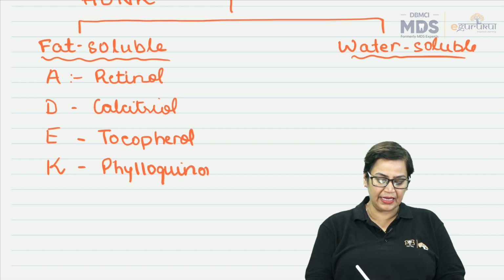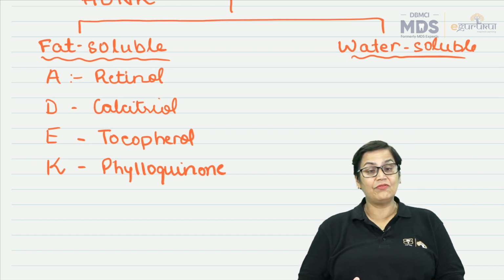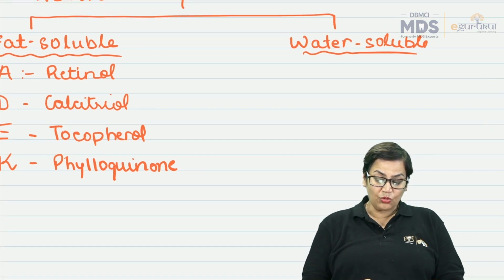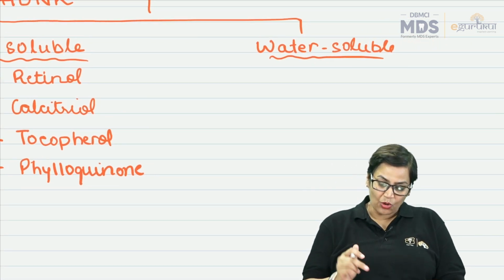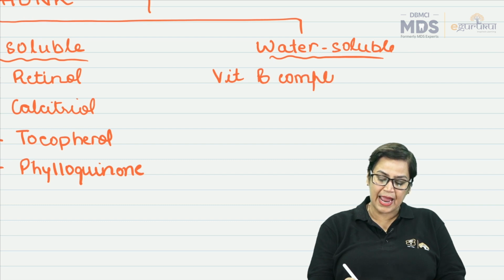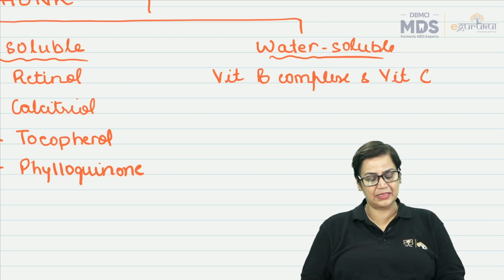We will be discussing in detail that vitamin K has further three forms, and one is a water soluble form also. Coming over to water soluble vitamins, always remember water soluble means vitamin B complex and vitamin C. They are water soluble vitamins.